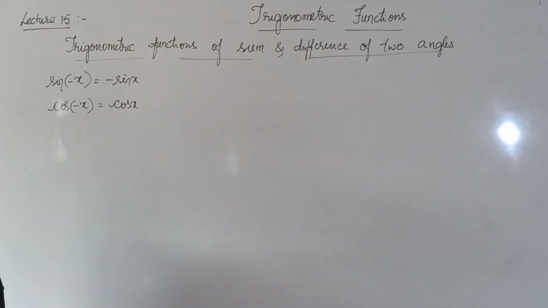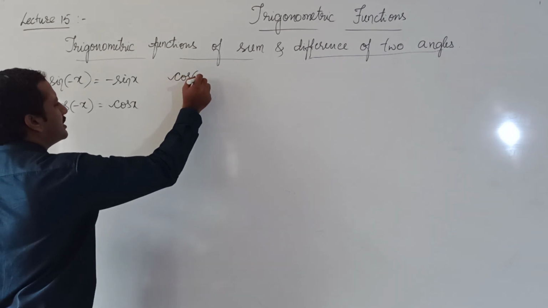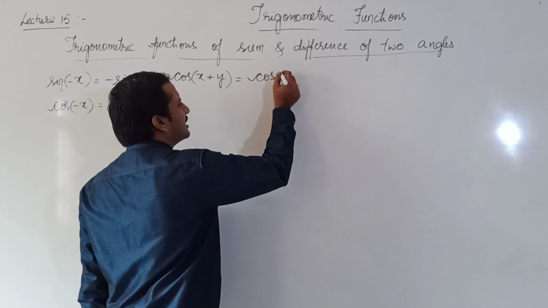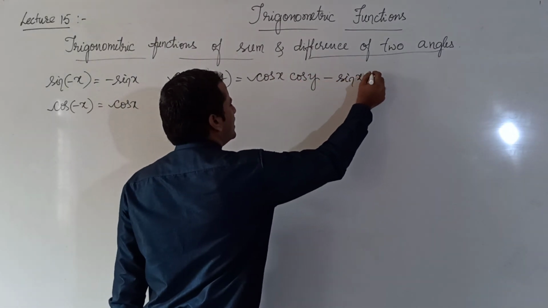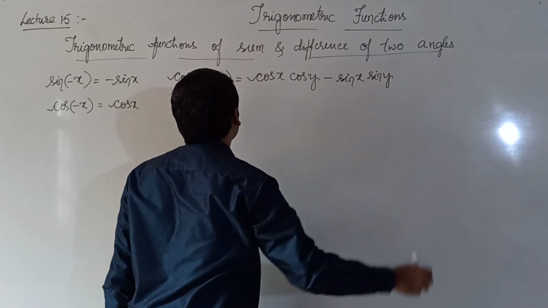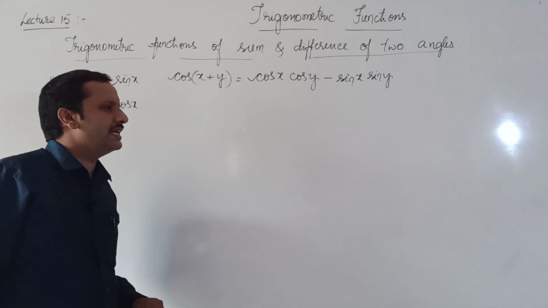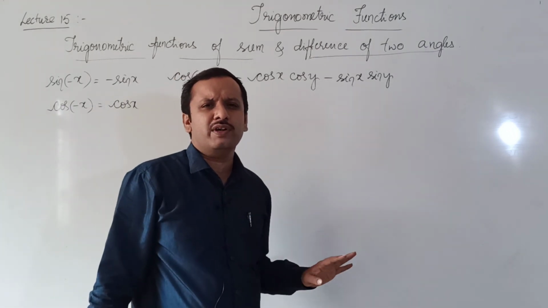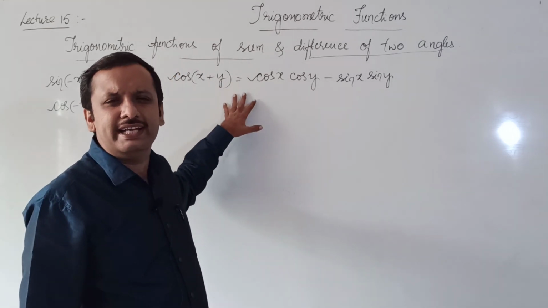Now, I will give you another formula, that is cos(x plus y) equal to cos x cos y minus sin x sin y. From where did I get this formula?